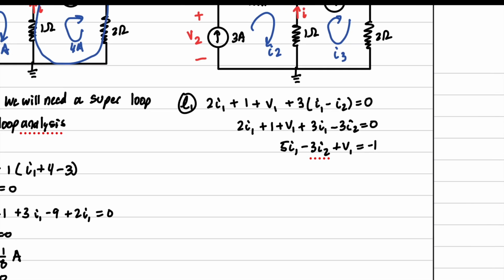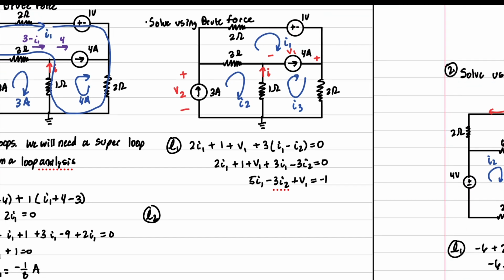We're going to go ahead and do loop 2. So loop 2, we can start with the unknown voltage, negative V2, plus 3, and then remember I2 minus I1, plus 1, and we've got I2 minus I3, because I3 is going the opposite direction, equals 0.